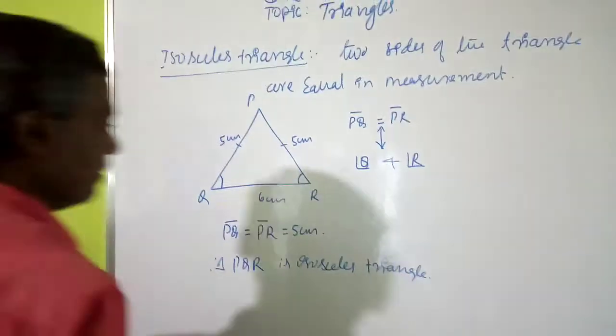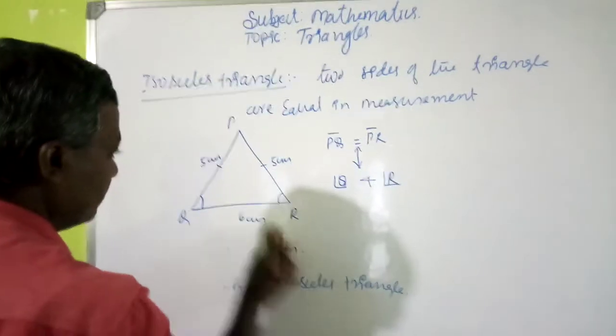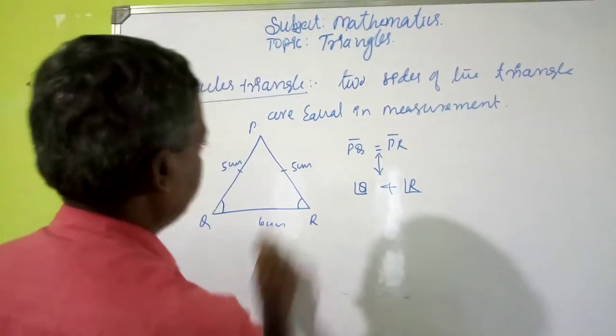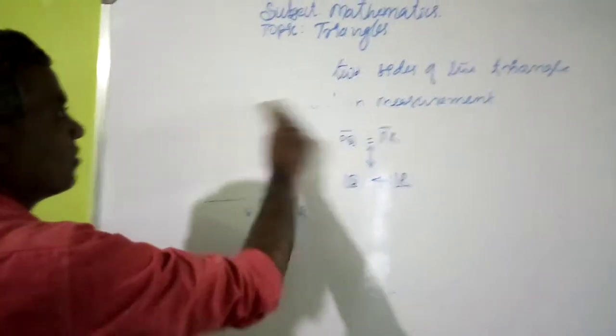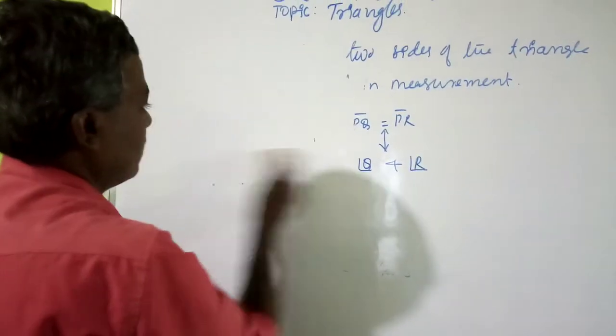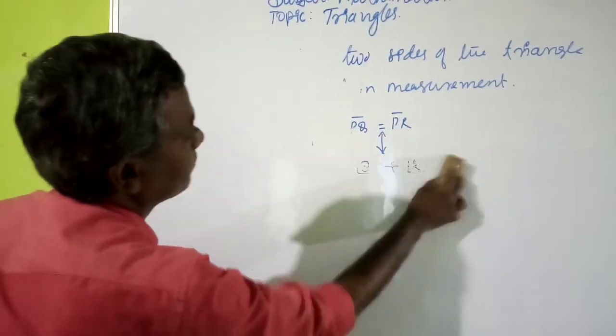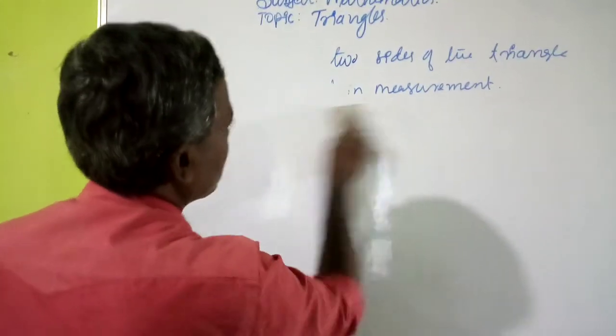That is a special theorem. We are going to study it on the isosceles triangle: the relation between equal sides.